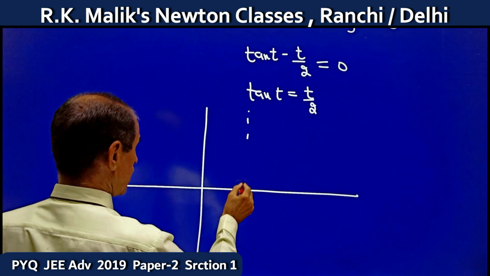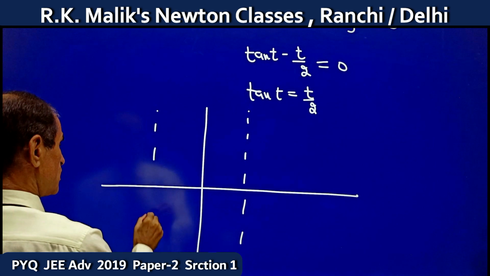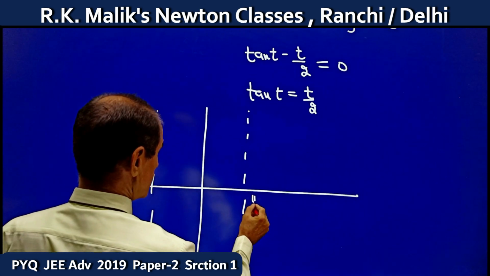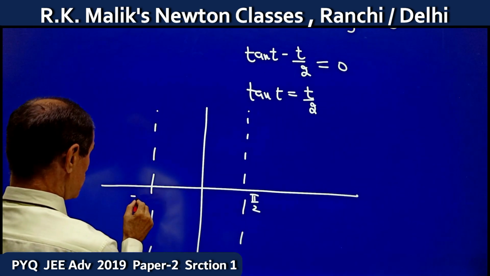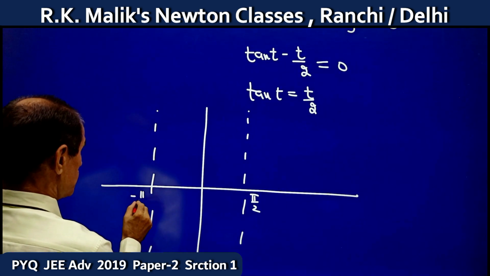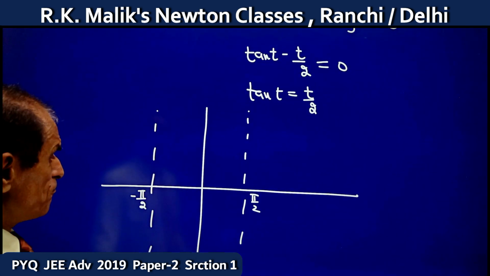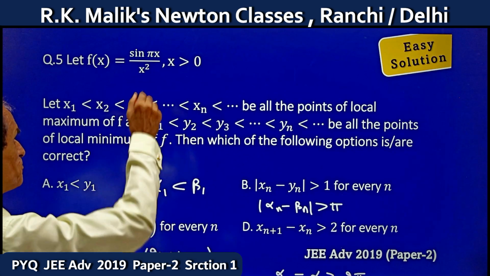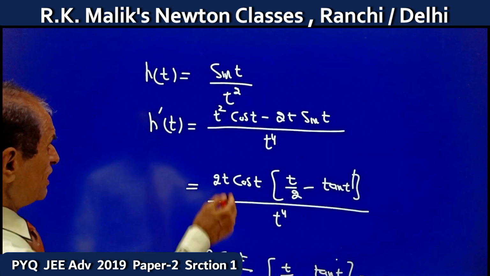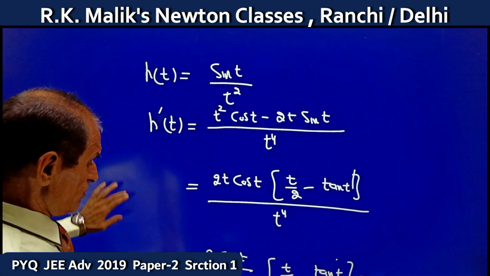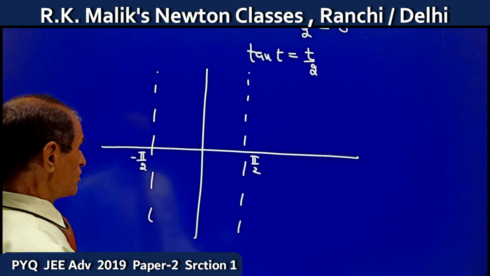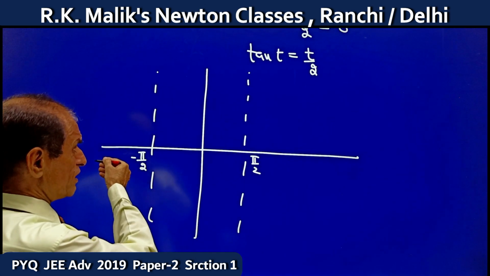Tan t, we know the graph of tan t. There is pi by 2, minus pi by 2, but x is positive given to us, that is t is also positive, hence we are not concerned with the graph on the left side.